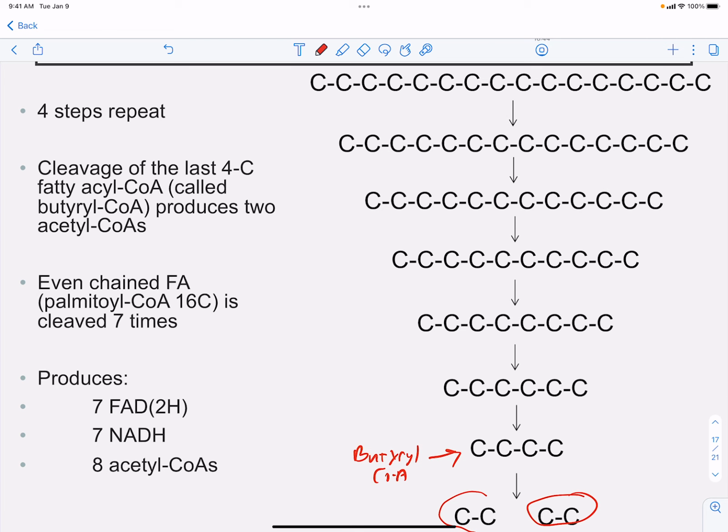And so if you have an even chain fatty acid, such as a palmitoyl-CoA, which is a common fatty acid that your body makes in the liver, it's going to get cleaved 7 times. And in that 7 times, it's going to produce 7 FAD, 7 NADH, and 8 acetyl-CoAs.